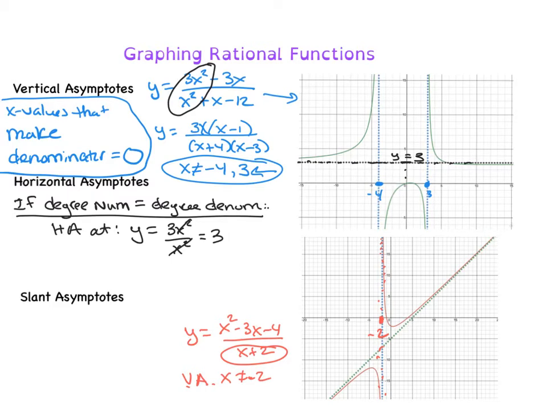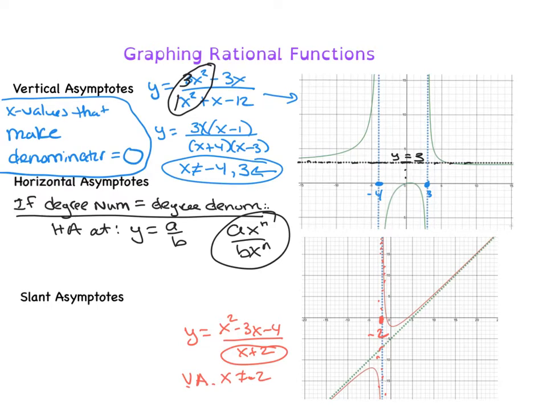If the degree of the numerator matches the degree of the denominator, then our horizontal asymptote is at the fraction a over b, where a and b are the leading coefficients of the numerator and the denominator. So in this case, it would be 3 over 1. Y equals 3.